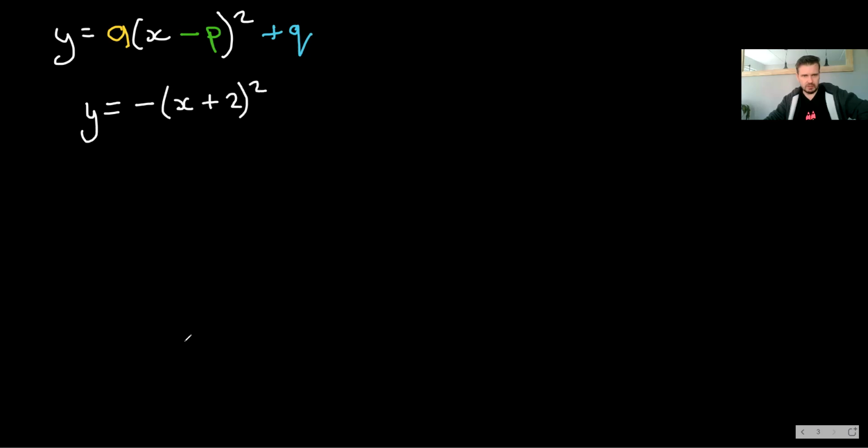And the reason we're putting in minus p squared is because the x always seems to switch signs, whereas the q is kind of direct. And then the a is there because there often needs to be a number in front of the x squared. Okay, so it's probably easier if we look at an actual example. So let's say that we had minus x plus 2 squared.